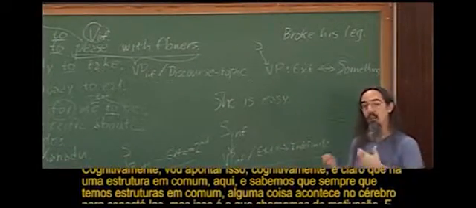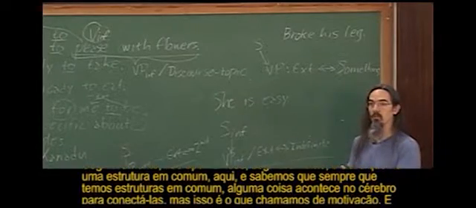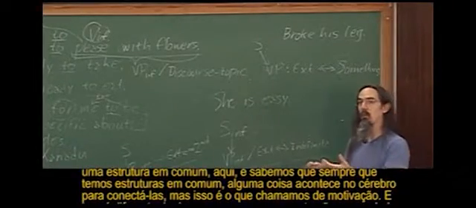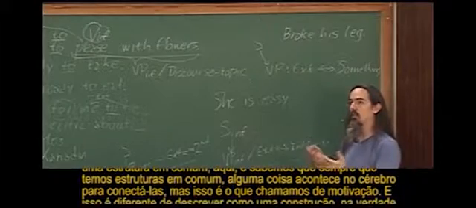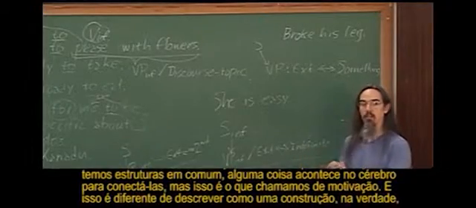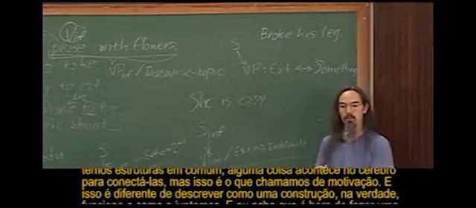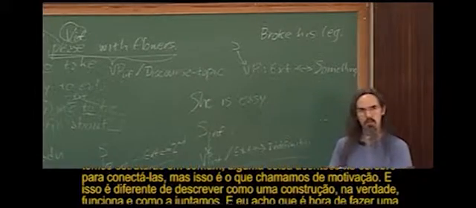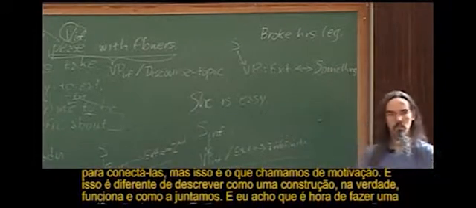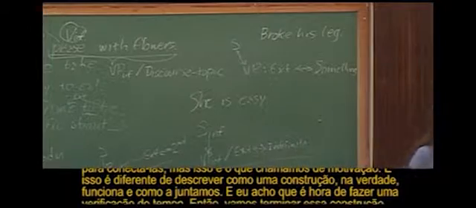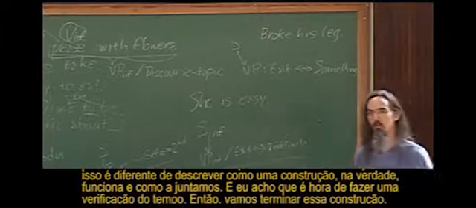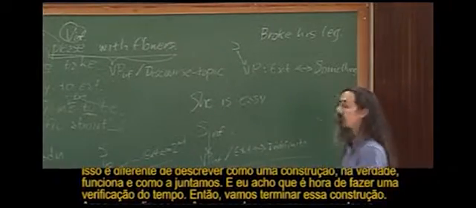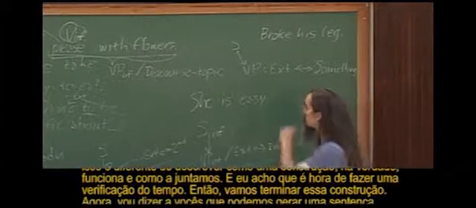But that is what we call motivation. And that's different from describing how a construction actually works and how you put it together. And I suppose I should do a time check. What's that? 10:15. Okay. Let's finish out this construction then.